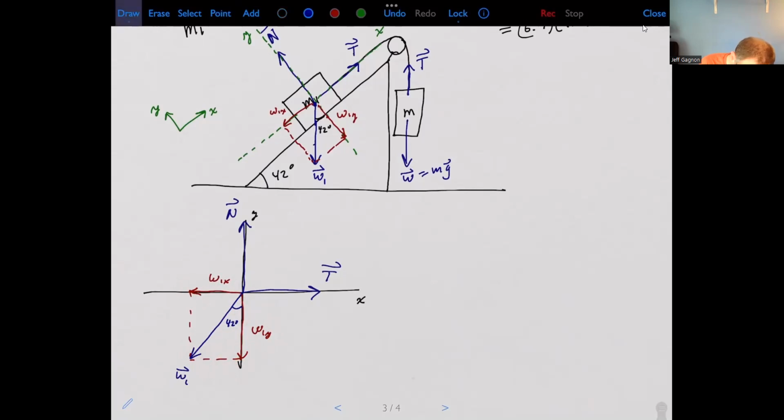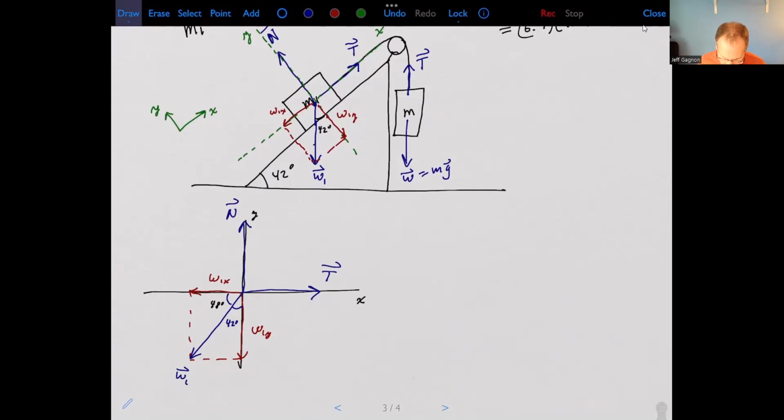We can find this angle pretty easily, because this total angle here is 90 degrees. I know this is 42. So 90 minus 42, what's that? 48 degrees. So this angle is 48 degrees.